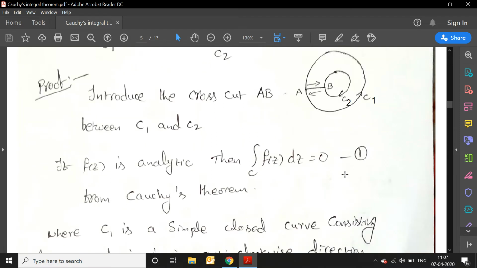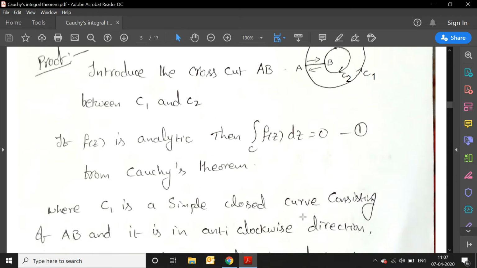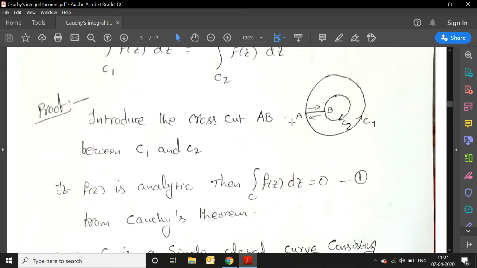After that, C1 is a simple closed curve consisting of AB, and it is in the anti-clockwise direction. First we start C1 in the anti-clockwise direction, stop at A and go through AB.